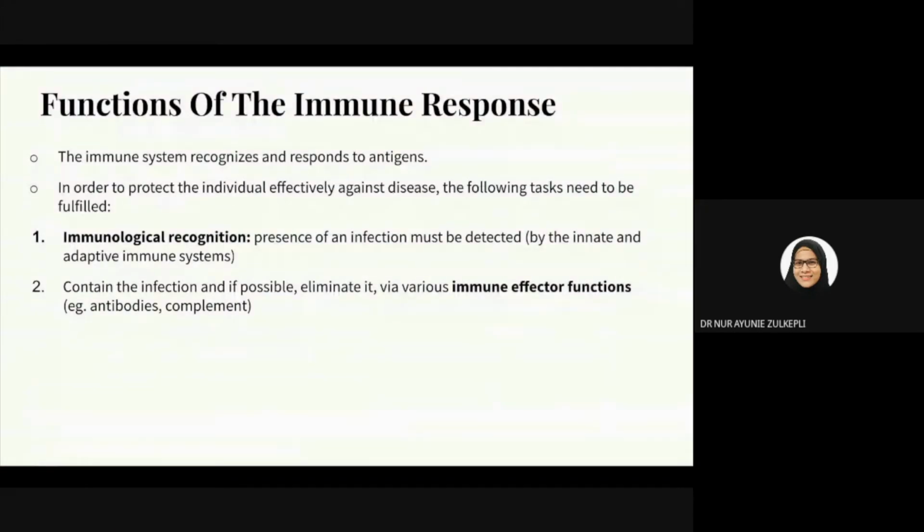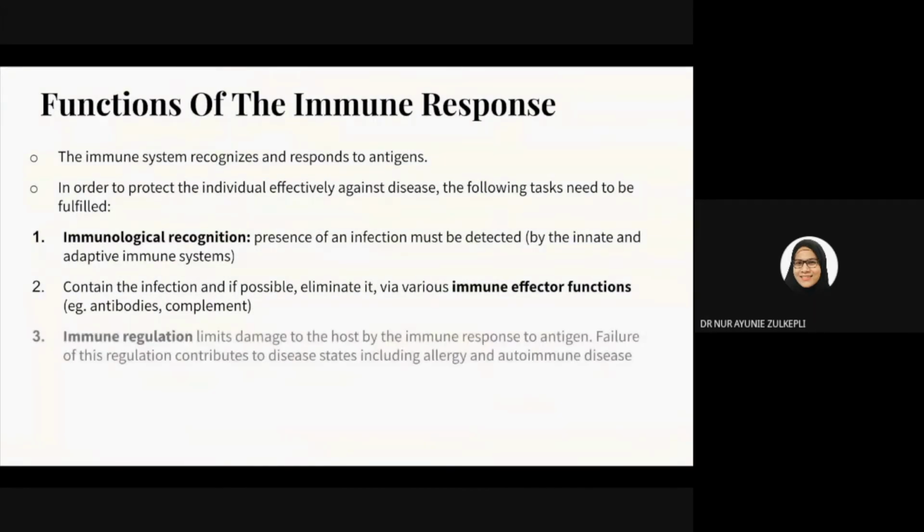So we have several defense mechanisms to counter the threats. We call that the immune effector function. So we have other molecules like antibodies or complements or other functional molecules to work to eliminate or, in easy words, to kill all those dangerous pathogens.